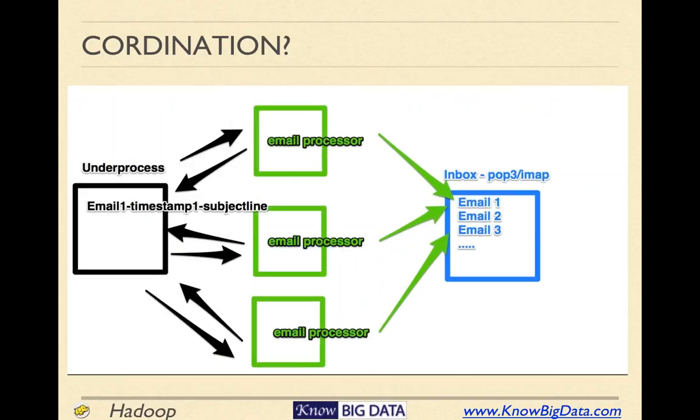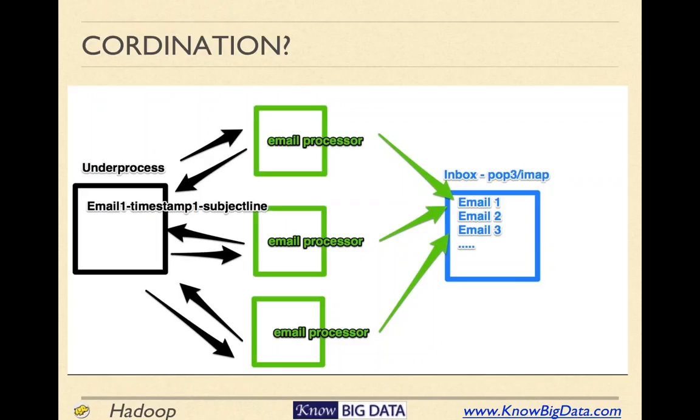So the idea I wanted to put forward is that you need an external service for the coordination between email processors. And when we talk about distributed computing, the idea is mainly around coordination amongst distributed machines.